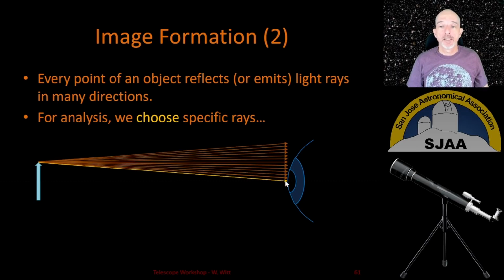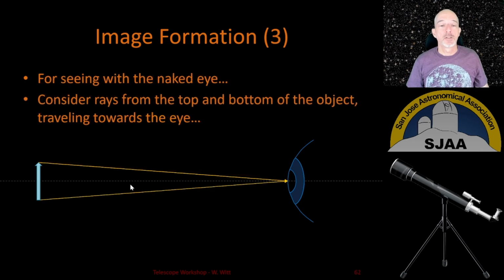I can isolate this light ray right here. This is one that's definitely hitting the pupil. And so this light ray I can think about if I want to see how the eye is receiving light and seeing the distant object. And so then we can kind of complete the story and say, for seeing with the naked eye, we could just consider rays from the very top and the very bottom of the object, taking this path to the center of the pupil.